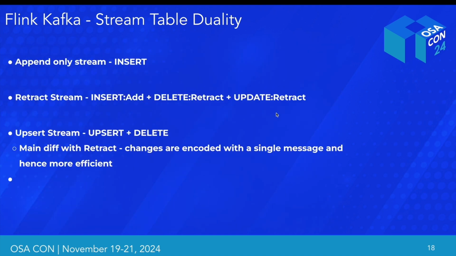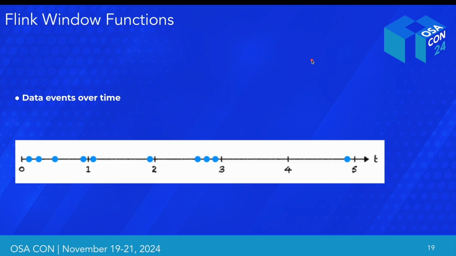Just to summarize on this stream table duality again, the upsert capability of Flink creates aggregated dynamic tables, providing a snapshot of any business process at a given point in time, while the insert capability creates an append-only Flink dynamic table.